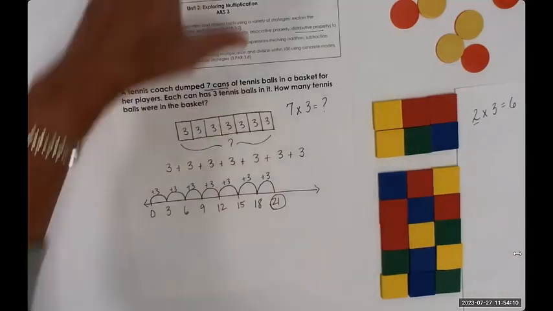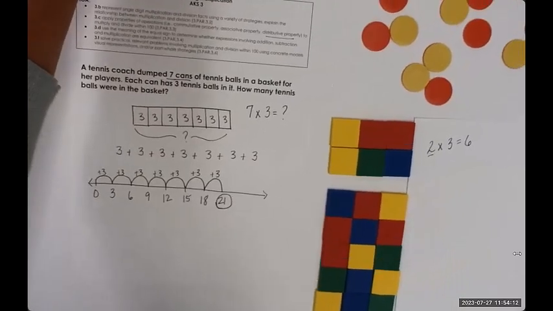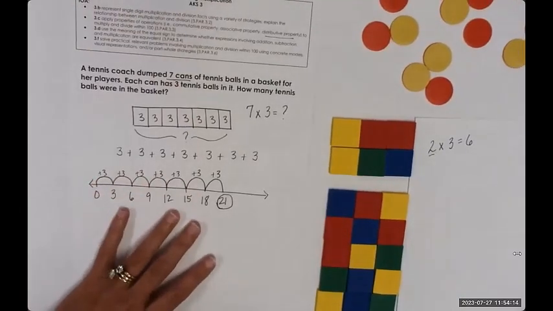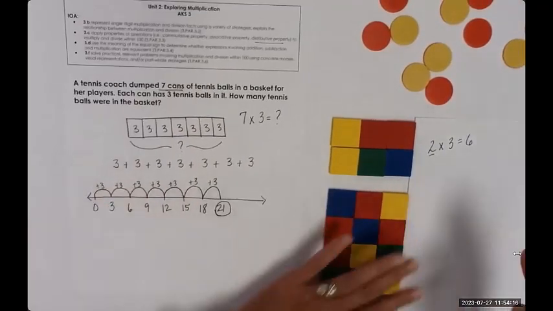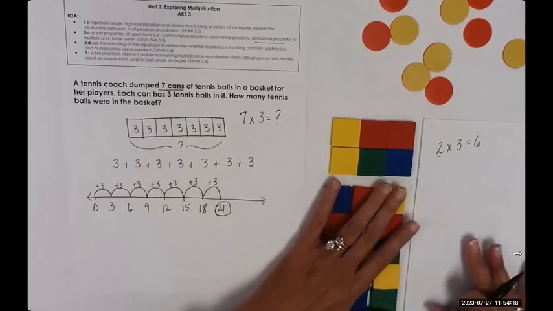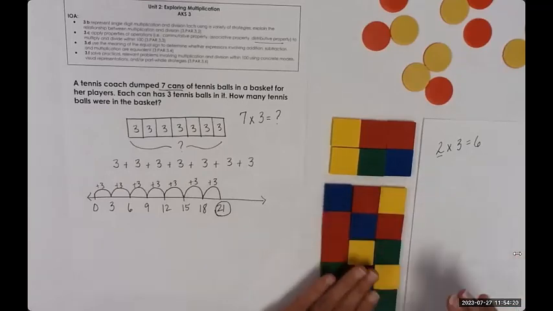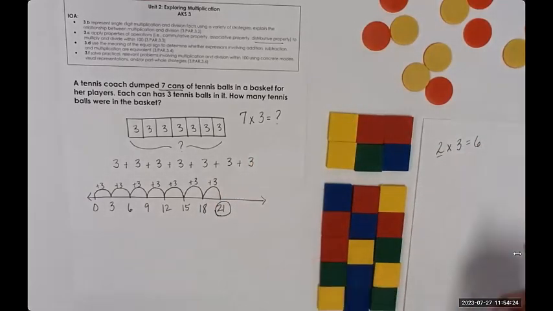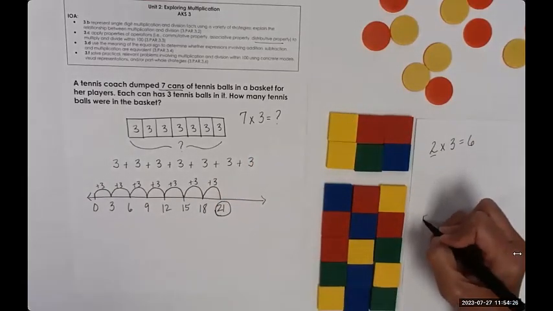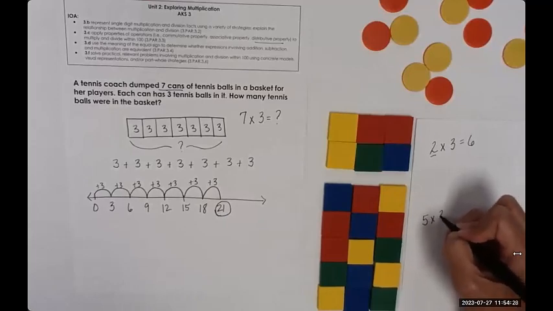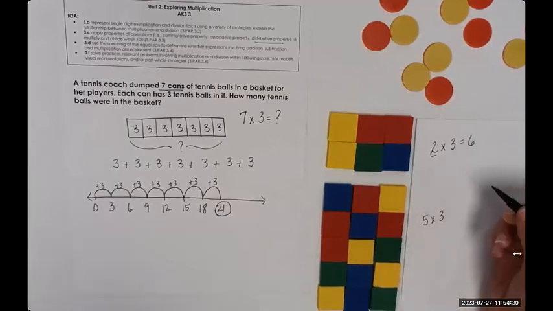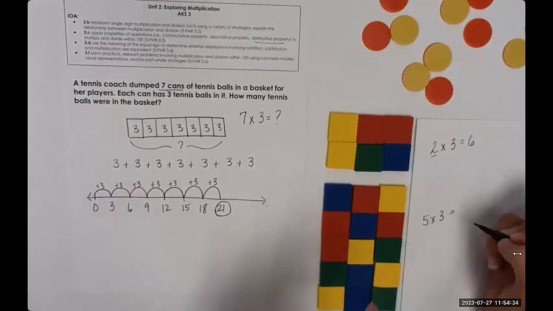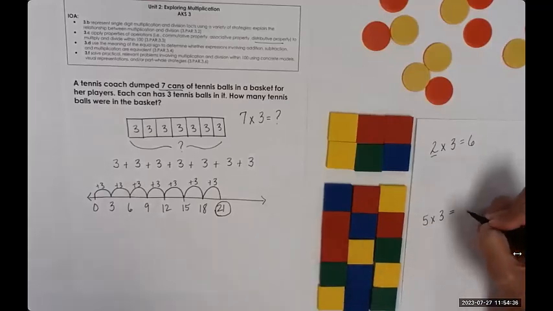I'll tip my camera a little bit to help see a better perspective of what's going on here. And then when I look down at this array that I decomposed, I just broke it apart, right? I have 5 times 3. And I know my 5 facts pretty well. I can skip count by 5 3 times, 5, 10, 15. You'll see your kids count on their fingers. So that gives me 15.